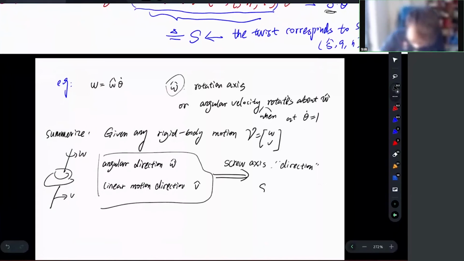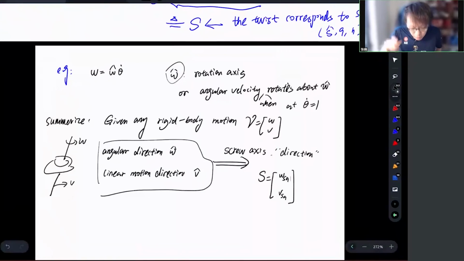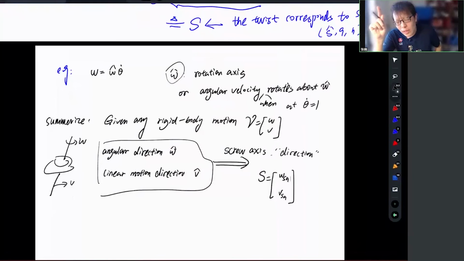So this screw axis, let's call it a screw axis, V screw axis. I'll use this notation just here to clarify the difference from the omega and the V in the twist case, right? In your mind, just one screw axis, just one direction, and there's a thread or screw, so that there is a coupled motion.